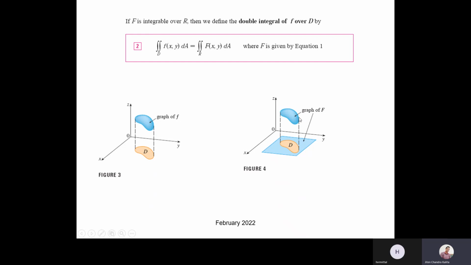If I define my capital F the way it is described in the figure, if your xy lies inside D, then capital F of xy is small f of xy, and if it is outside D but inside this rectangle, then the value of capital F is 0, like the way you are seeing here. So that means at the boundary of D, the function capital F is going to have a discontinuity, isn't it?